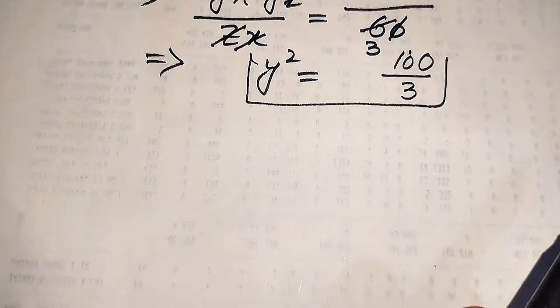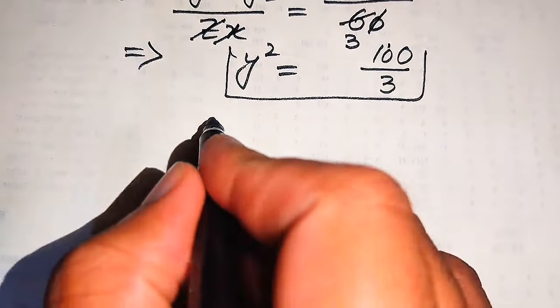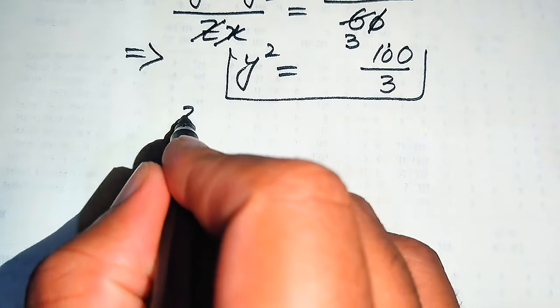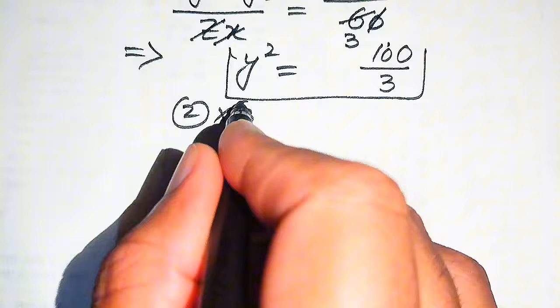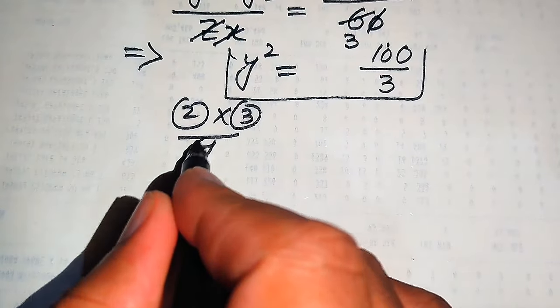Similarly, we again do this step, and now we multiply equation number 2 with equation number 3, and divide by equation number 1.